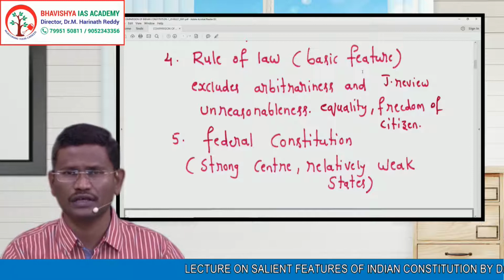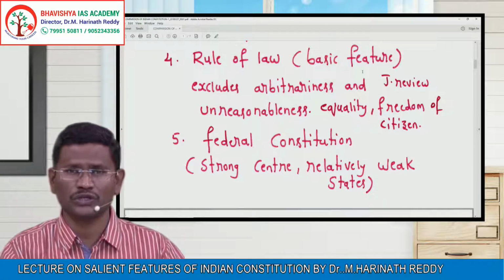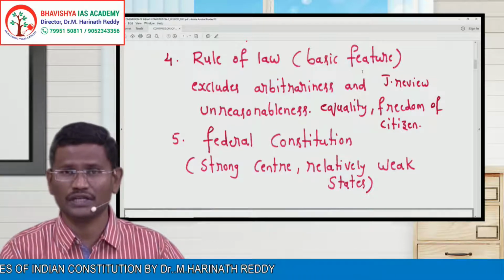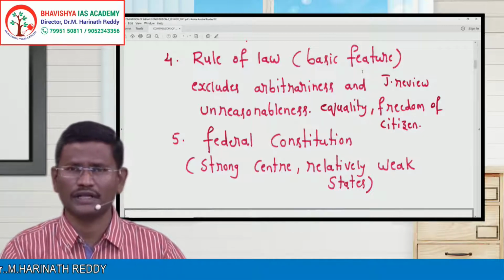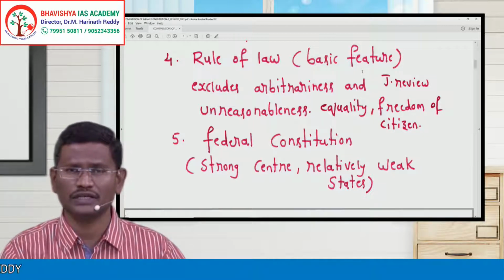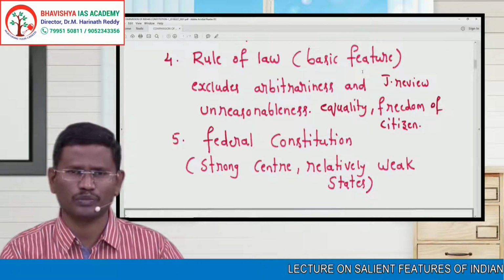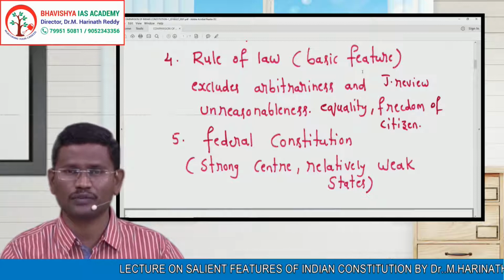So we say Indian Constitution provides for indestructible union with destructible states. States can be reorganized. The boundaries of the states can be altered by the Indian Parliament by simple majority even without the consent of the state legislature. That's why we say Indian Constitution provides for indestructible union with destructible states.